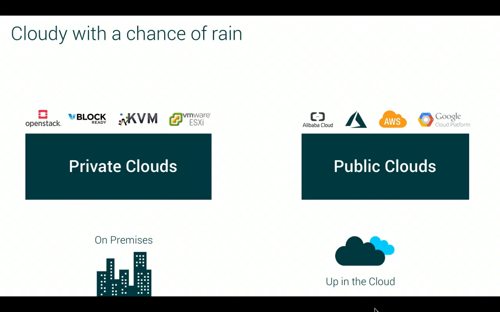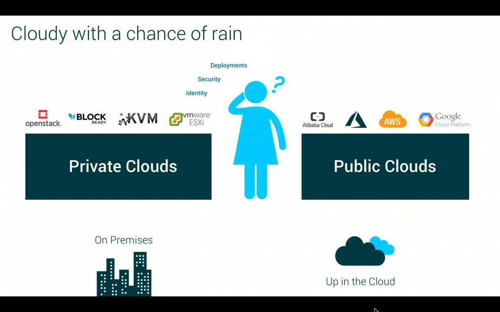Now, the problem is this is very confusing for customers because actually when you look at your technology estate, all of the 101 business operation stuff still needs to be taken care of.